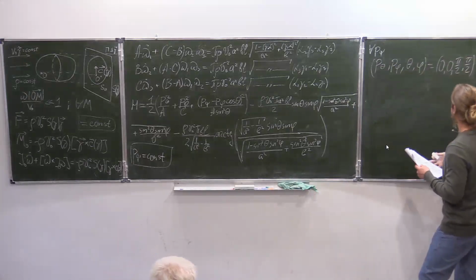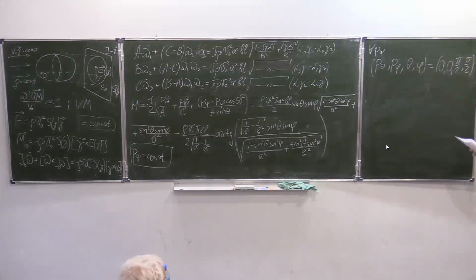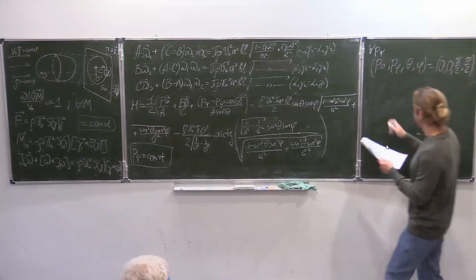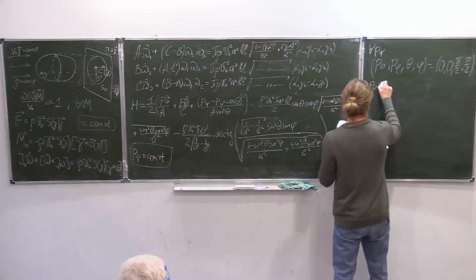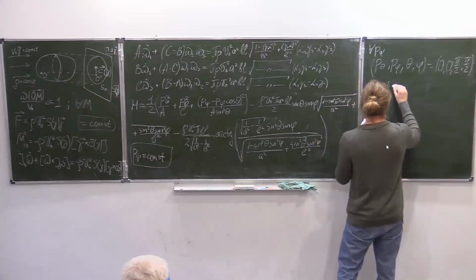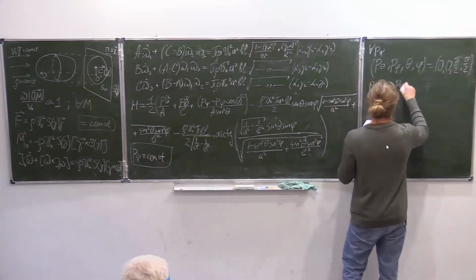Let's introduce a coordinate substitution to move the equilibrium position to the origin. Theta is equal to y1.